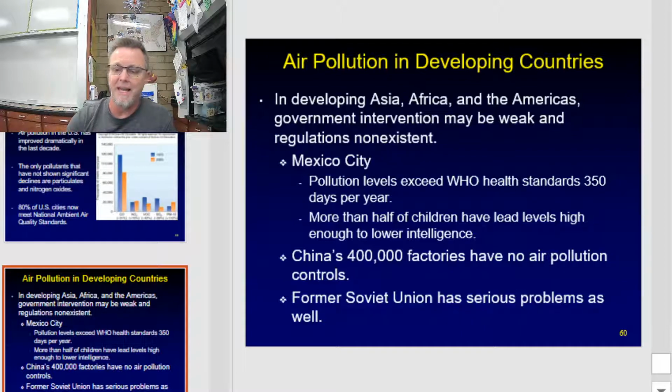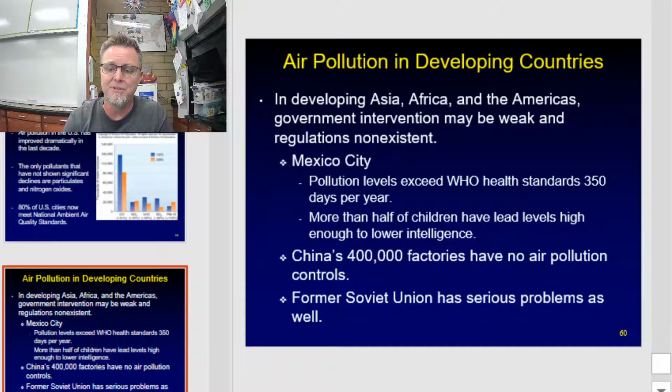In developing Asia, Africa, and Americas, government intervention may be weak and regulations non-existent. So in some place like Mexico City, pollution levels often exceed the WHO recommended health standards 350 days per year. The city's out of compliance.